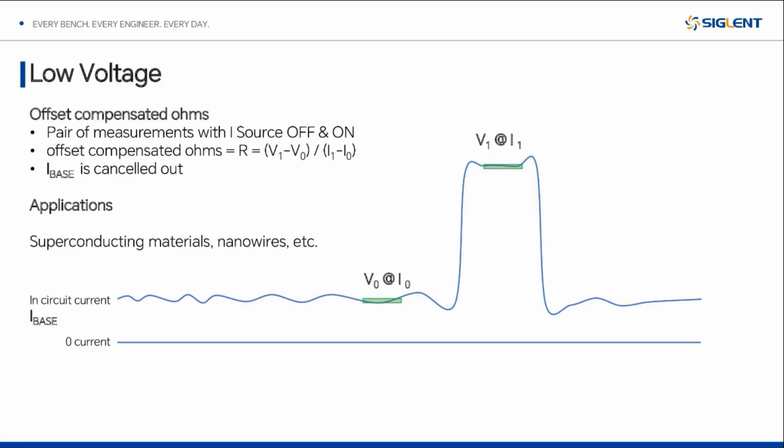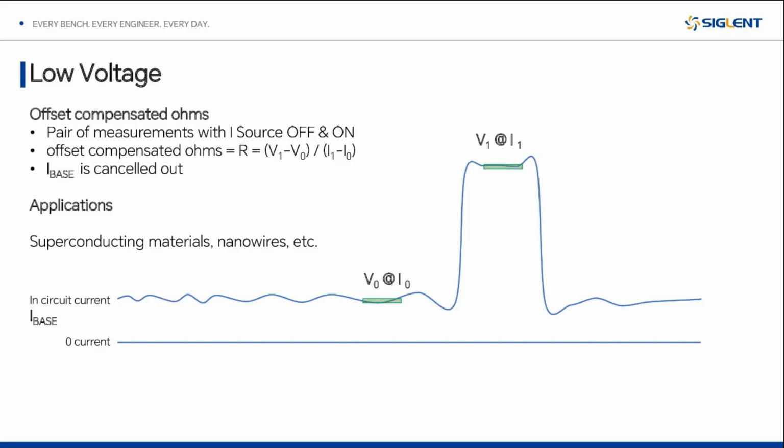As you get even more advanced, one additional capability that's important here is offset compensated ohms. So again, when you're talking about resistance measurements and how to make them, and especially when you're talking about very sensitive voltage and current situations, right? A lot of materials or devices may have a base current or an in-circuit current or some kind of quiescent current that's always flowing through that material, through that layer, right?